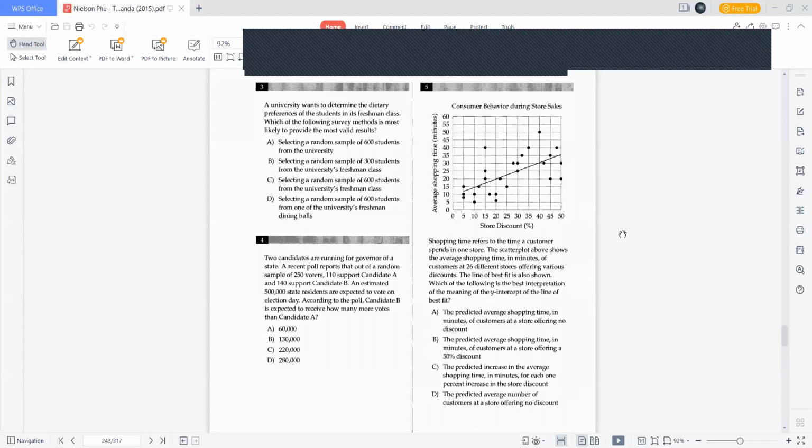I think it's A. Okay, I'm open to any explanations. What makes this tricky is because it starts not at the edge of the graph, but somewhere in the middle.